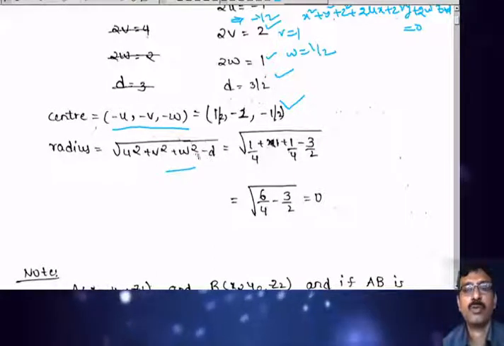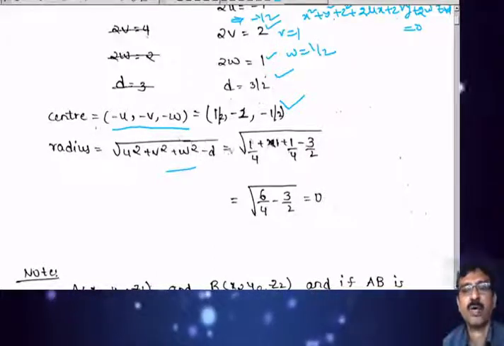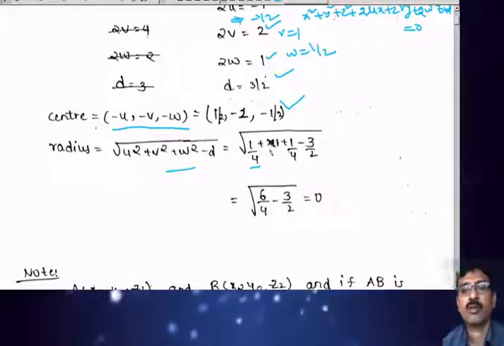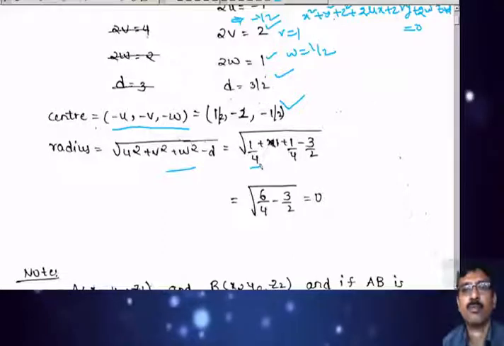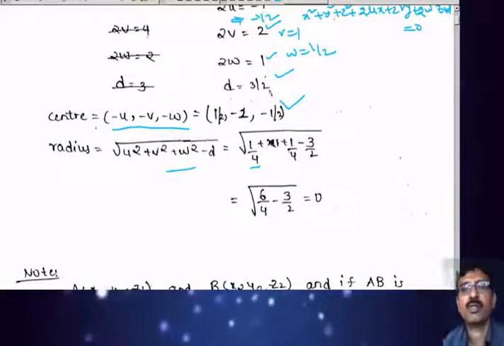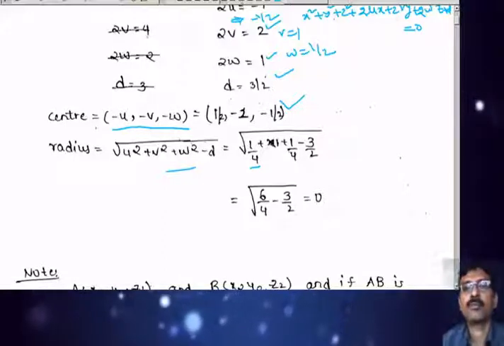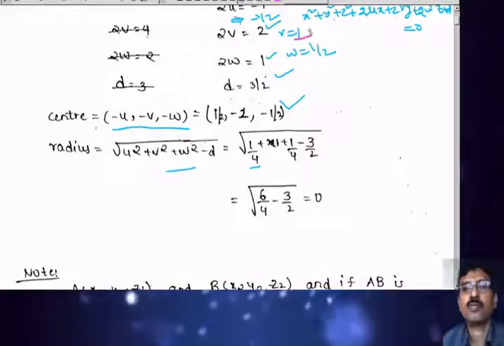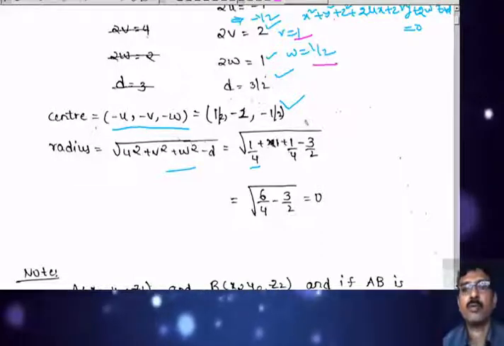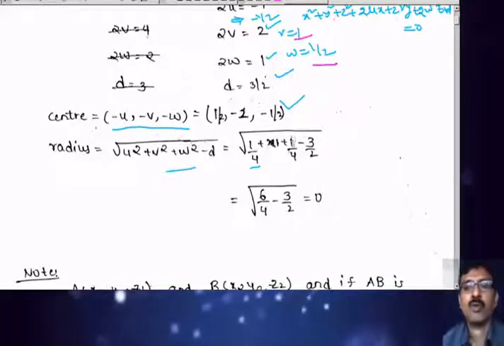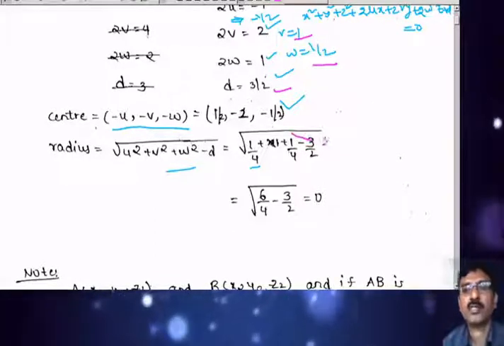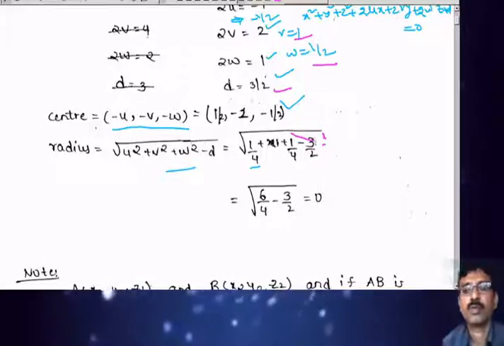And the radius formula is under root u square plus v square plus w square minus d. u square is minus 1 by 2 whole square, 1 by 4, and v square, here v is 1, so 1 square is 1, w equal to 1 by 2 whole square, 1 by 4, and d is 3 by 2, so minus d is minus 3 by 2.